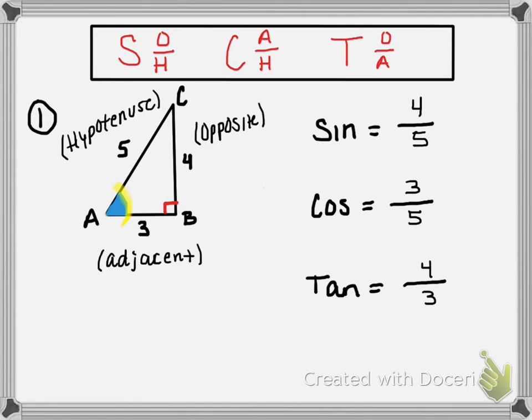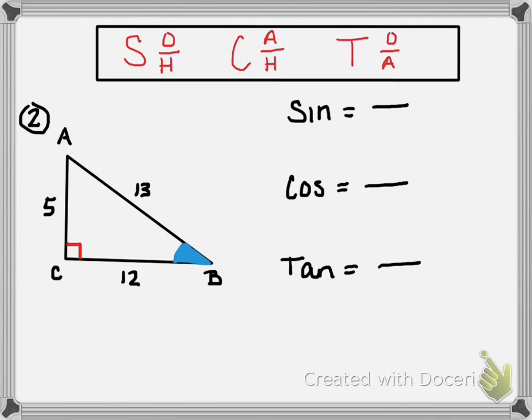I really think it helps to just go ahead and label each of your sides before you put them into the ratios. Let's do problem number 2 together so you can get a better handle on these trig ratios. So number 2, again, let's always start by identifying that angle that we have in blue and then labeling our sides.